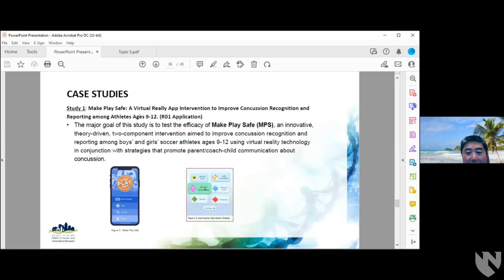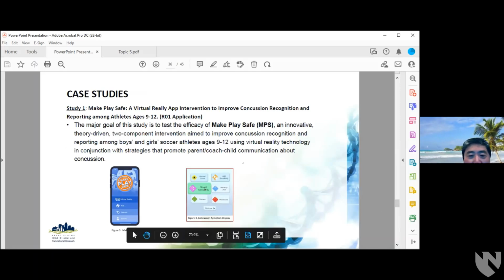So let me give you a case study. This is the study. Unfortunately, we submitted it and just received the review last week. The score is 18%. It's not good enough to be funded, but that is the cluster randomized trial we designed.